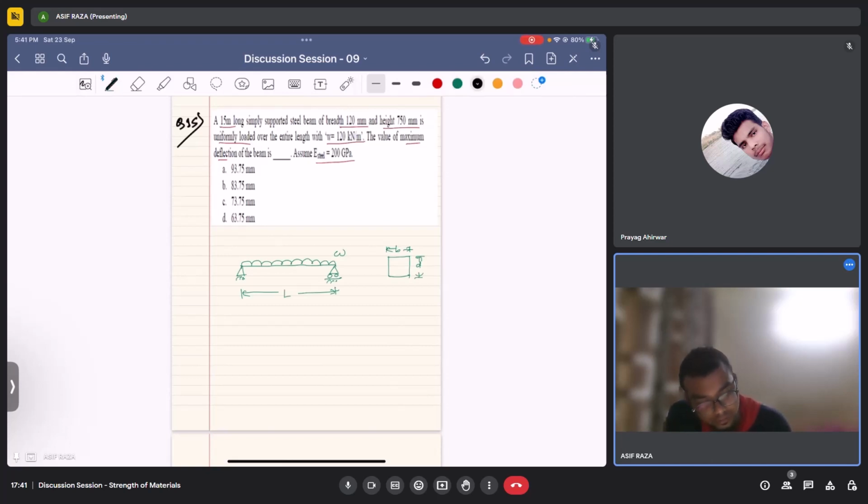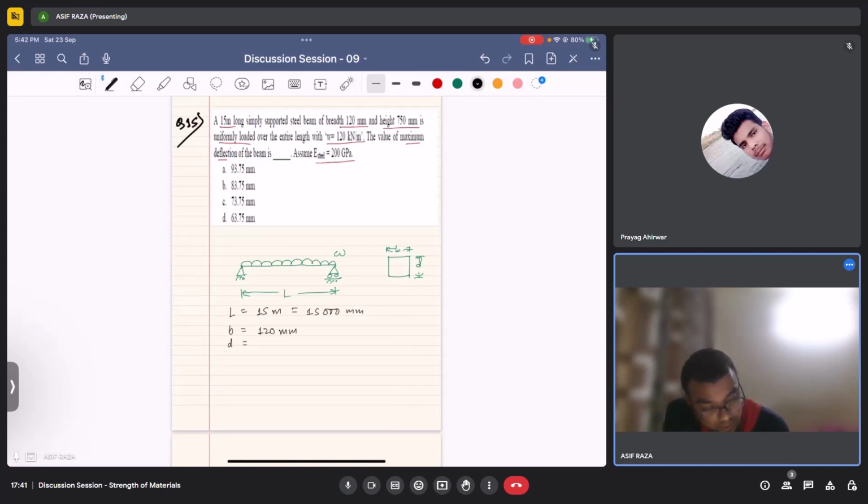Okay, I'll just substitute the values provided. Length is given as 15 meter, I'll convert this into millimeter as 15,000 mm. Now the other thing is breadth, that is 120 mm.